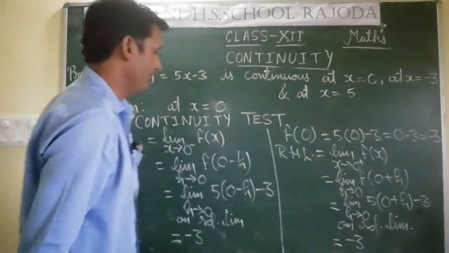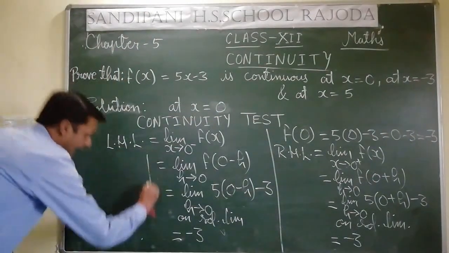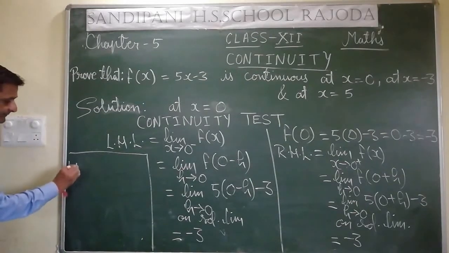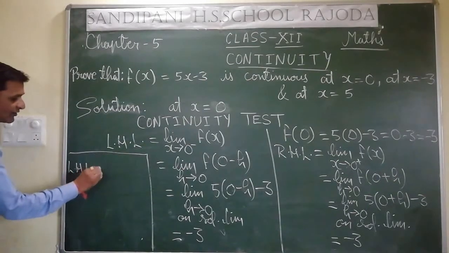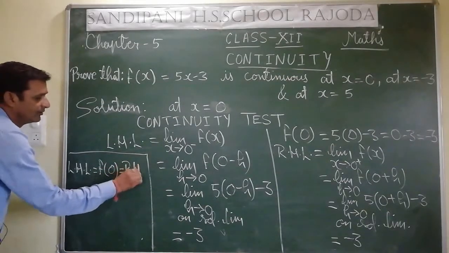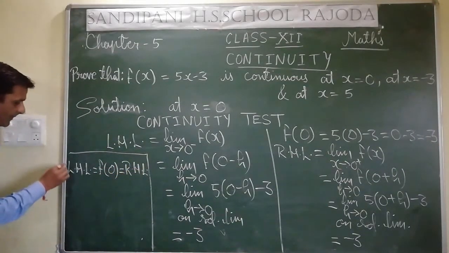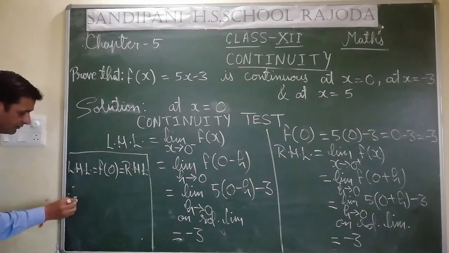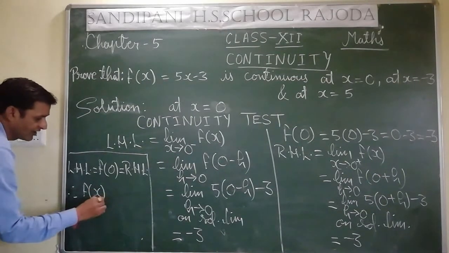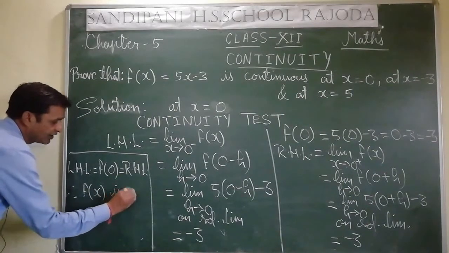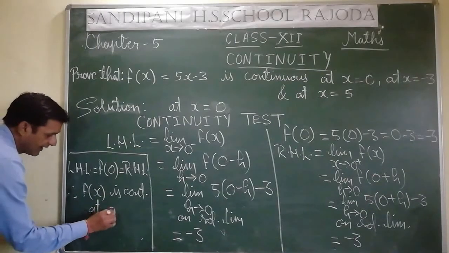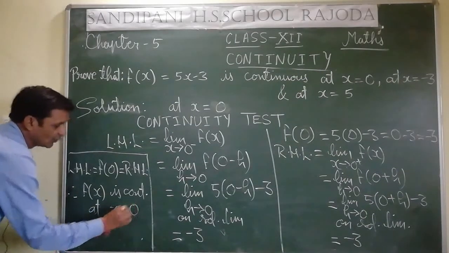So now lastly we can write the conclusion that the left hand limit is equal to f of 0 is equal to the right hand limit. Therefore f of x, the function, is continuous at x is equal to 0.